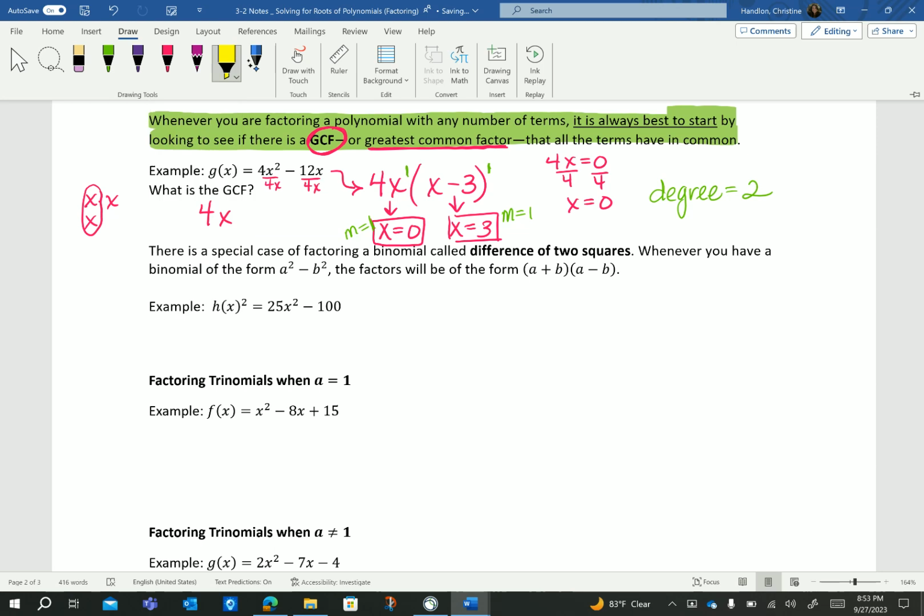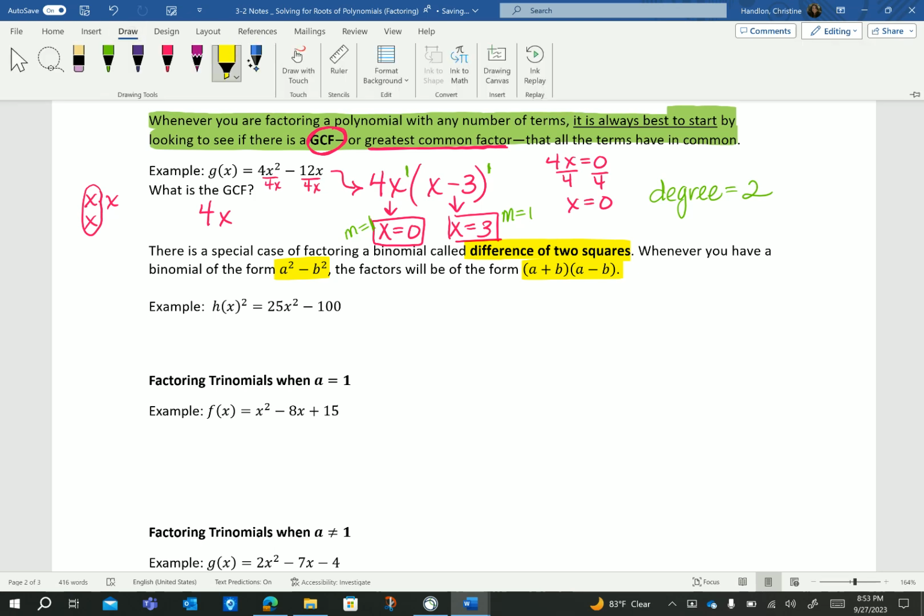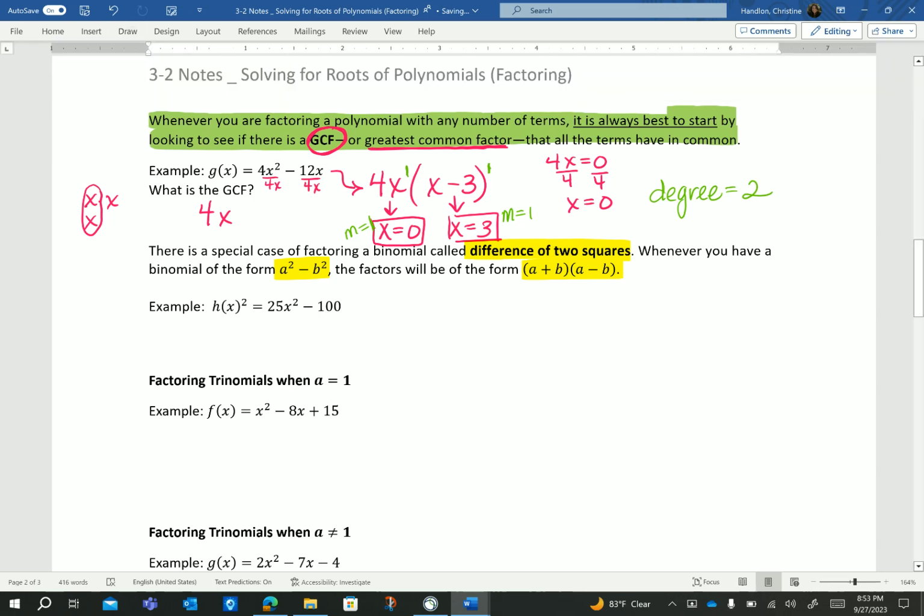All right, the next type of factoring that I want you to remember is difference of squares. So here's difference of squares. When you have two perfect squares, you will always factor it by writing two factors and taking the square root of the a squared and the b squared. So a squared minus b squared can be rewritten in factored form as a plus b times a minus b.